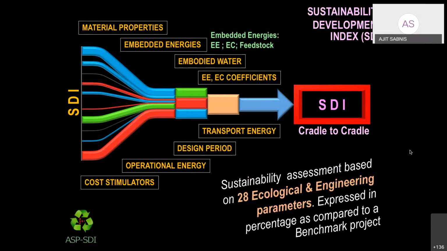There are several sustainability development indices developed with respect to specific regions across the world. And this particular one comprises 28 independent and dependent ecological and engineering parameters. So this is what we discussed in the last slide.